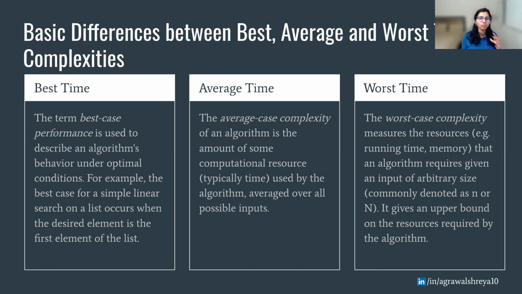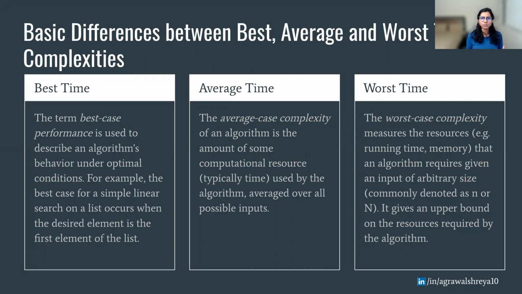I will not talk much about worst time complexity because we have already been discussing it. It is the upper bound, the worst case scenario, where the program performs in the worst situation, performing all the computations for inputs of any arbitrary size.